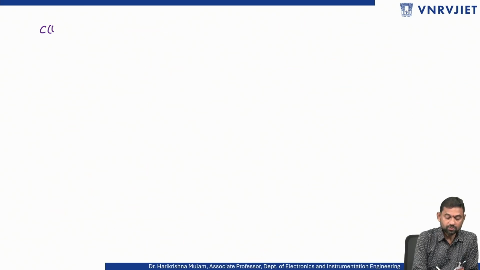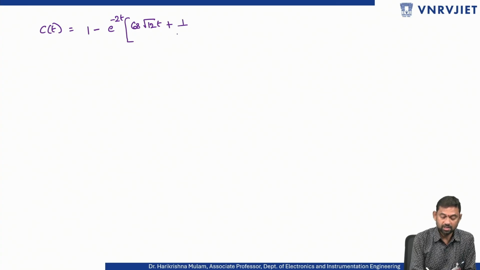So the response of the system that we got is 1 minus e power minus 2t into cos root 12t plus 1 by root 3 into sine root 12t.